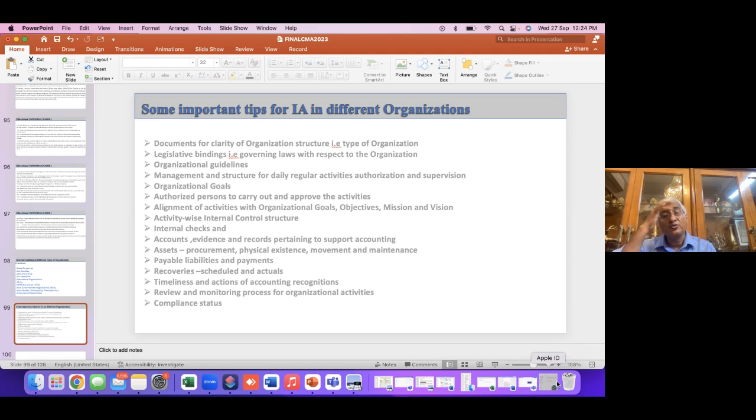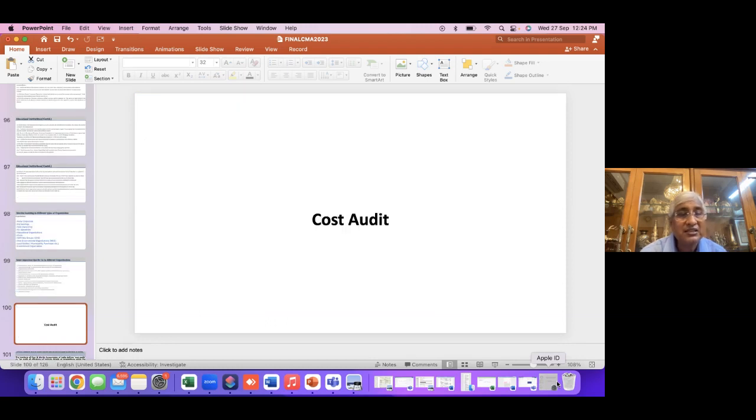All these are to be dealt with. If you address all this in any form of organization, in any way, whether it is debtors or making payment, this will help you, no doubt. So please remember this chart so that you will be able to answer the question.